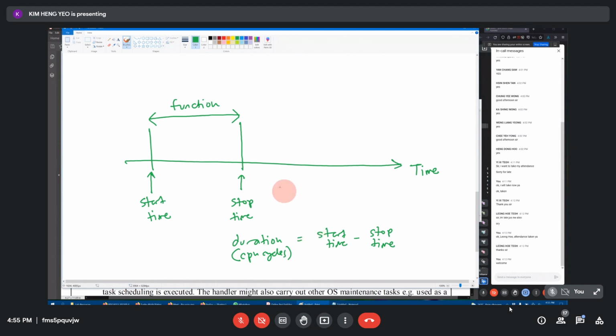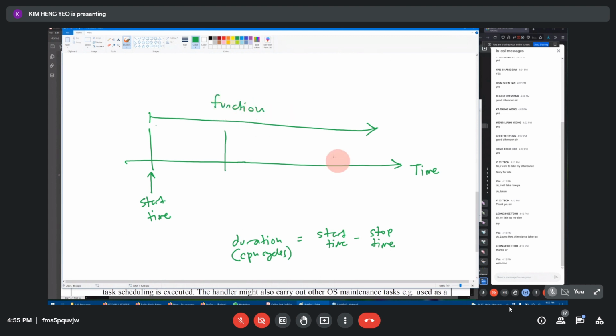But now, what if the function causes the system timer to underflow? So what happens if this is the length of your function? Maybe not so long, a bit shorter, maybe until here.